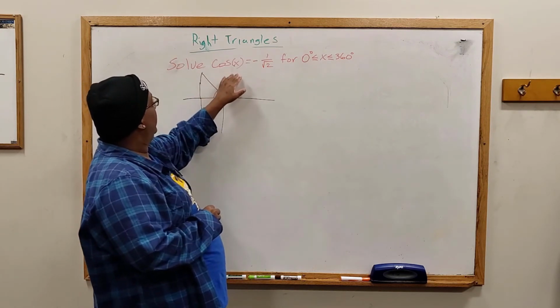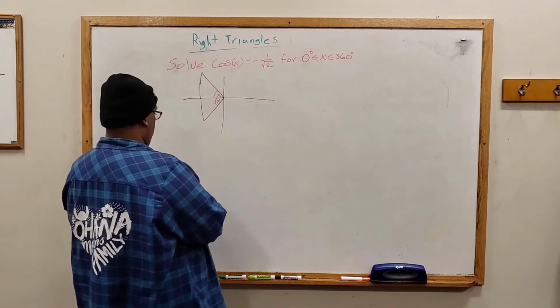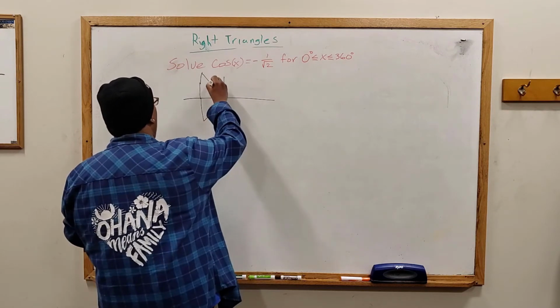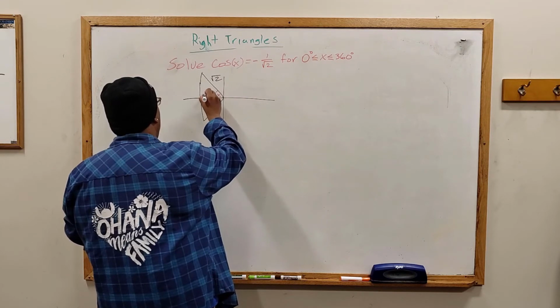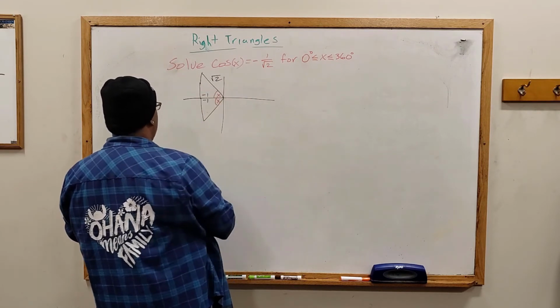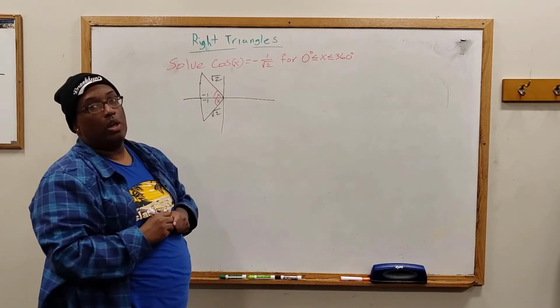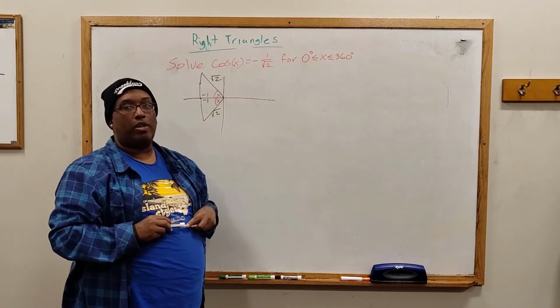And cosine is adjacent over hypotenuse. So we can write this as square root of 2 and -1. And square root 2. Remember, whenever you have a negative, the negative never goes with the hypotenuse.